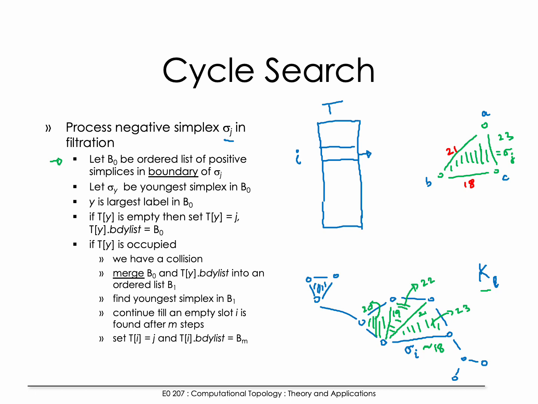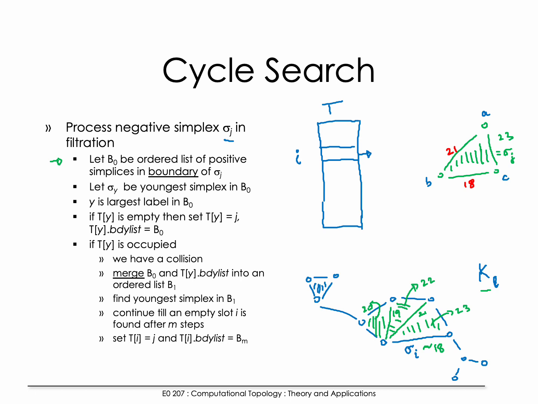Okay. So what does this represent? This is now representing the boundary. I know that the triangle 23 killed a cycle, and I want to somehow find the cycle that it killed, right? So I start with the current cycle that it killed.